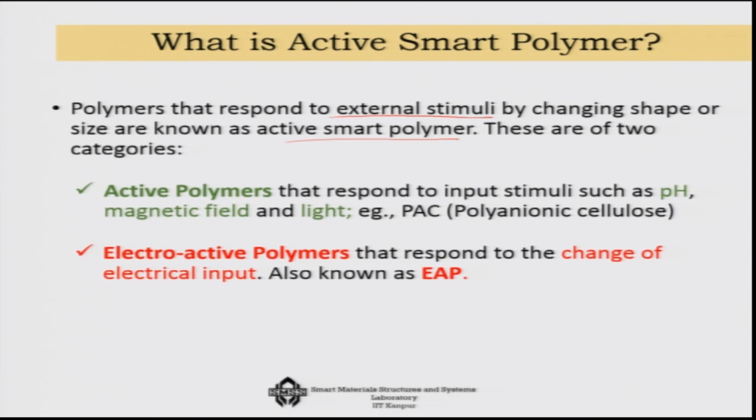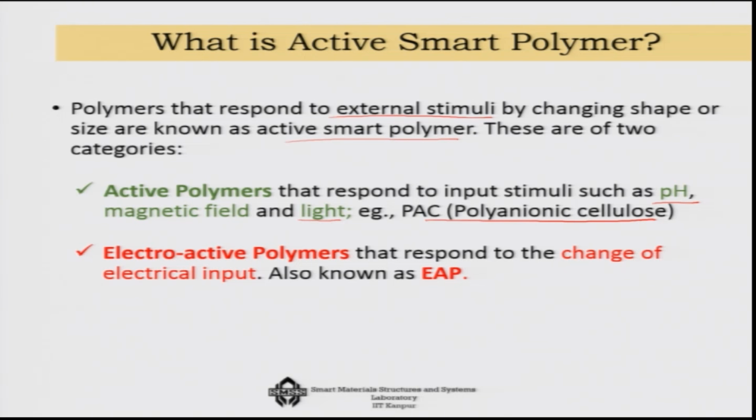Now, this type of polymer we generally divide into two categories. One is simply active polymer, in which the input stimuli that we apply need not be just an electric field; it can be pH, magnetic field, or light. For example, anionic cellulose PACs are one of the groups. I will show you some of the groups which can be actuated by using light, photostrictions.